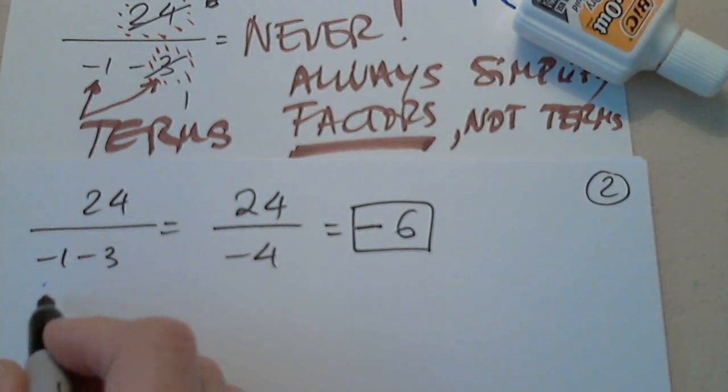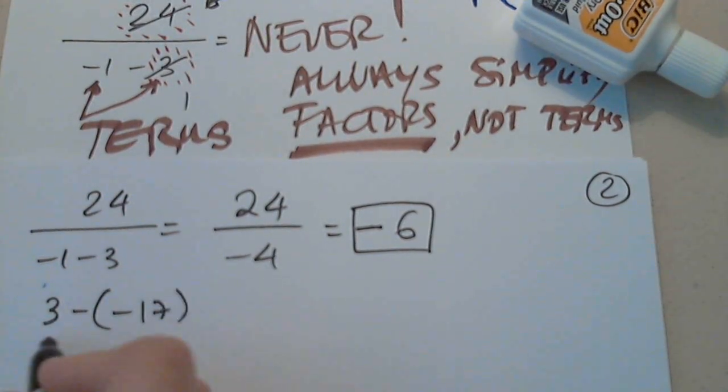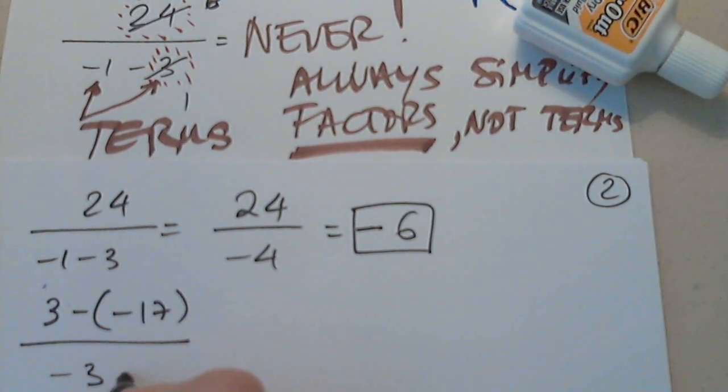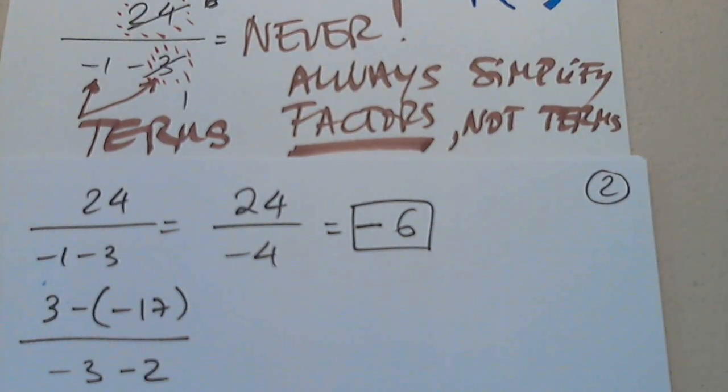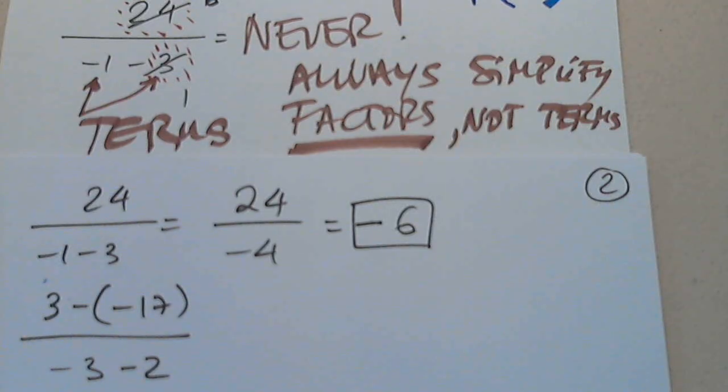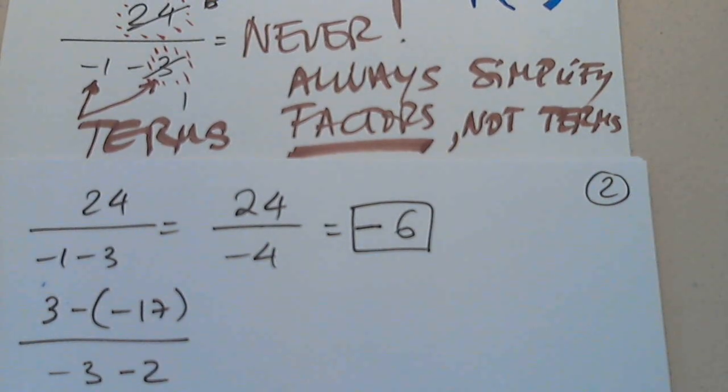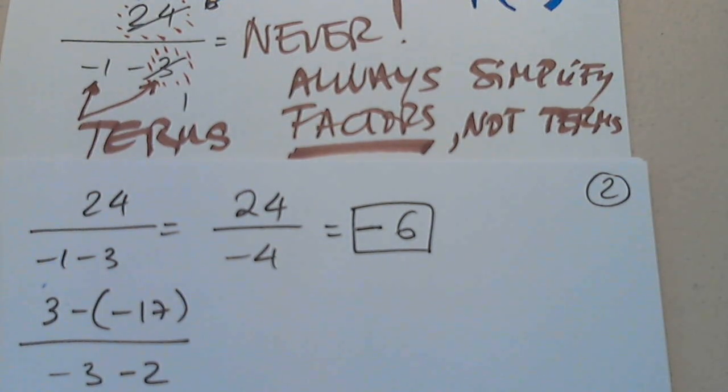Okay, now let's work on this problem. So 3 minus quantity negative 17 over negative 3 minus 2. Would you allow me to simplify this 3 with this 3? 3 is divisible by 3, 3 is divisible by 3.